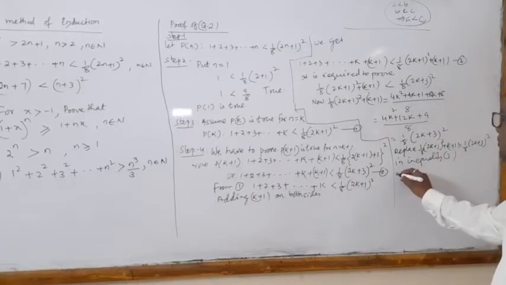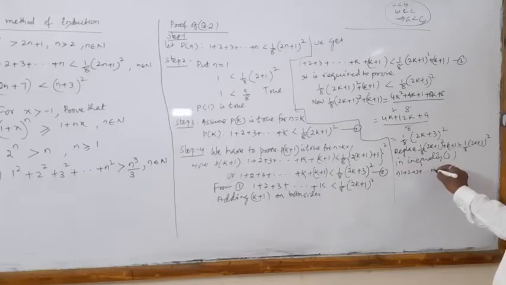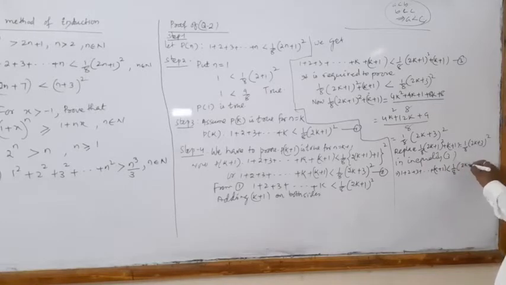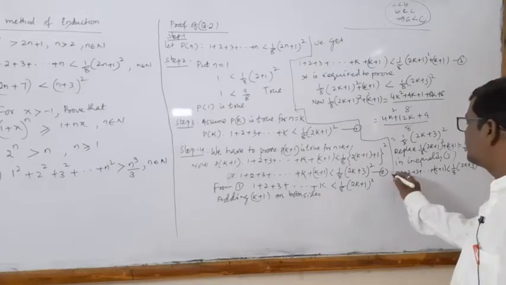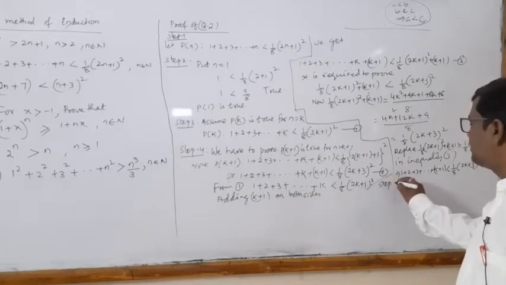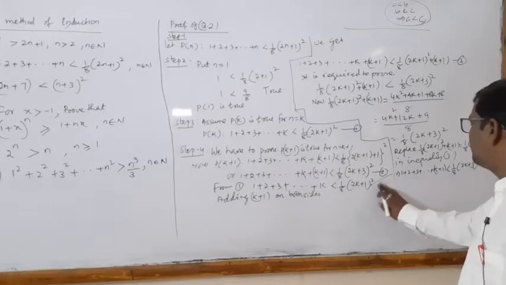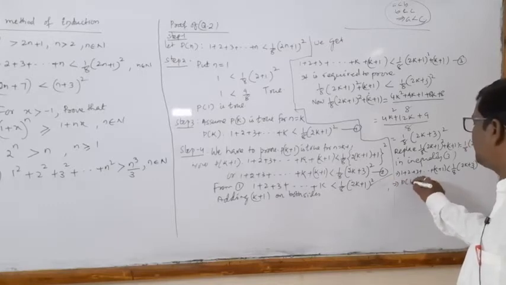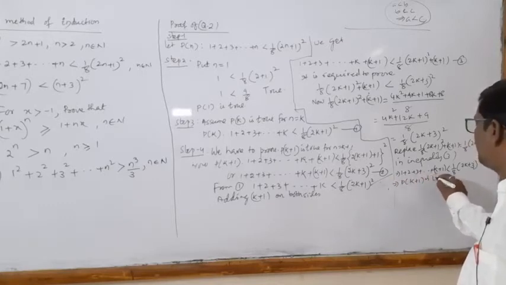Therefore, that implies 1 plus 2 plus 3 dot dot up to k plus 1 is less than 1 by 8 (2k plus 3) whole square. Clear? Now the conclusion is step 5. This is P of k plus 1 is true.